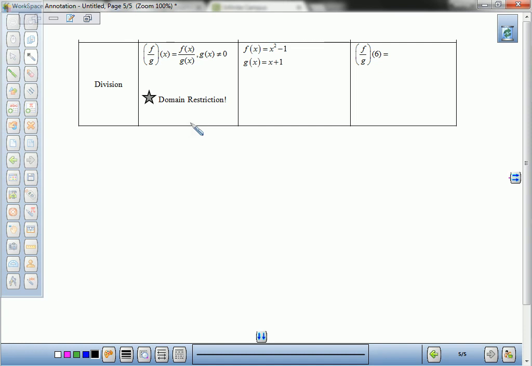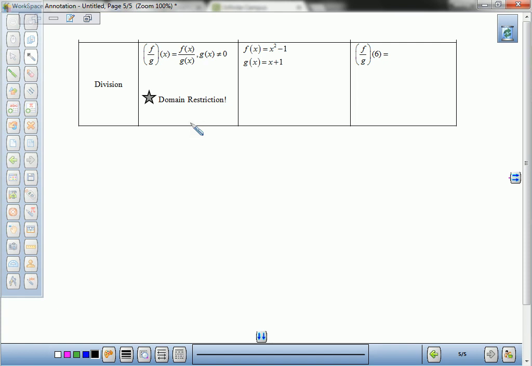Every other one, our domains of the initial functions ended up being the domain of our result. The domain of the sum, the domain of the difference, the domain of the product. Now we're doing a quotient. We have division. Now, with a fraction, when we're looking at it algebraically, the denominator can never equal 0.